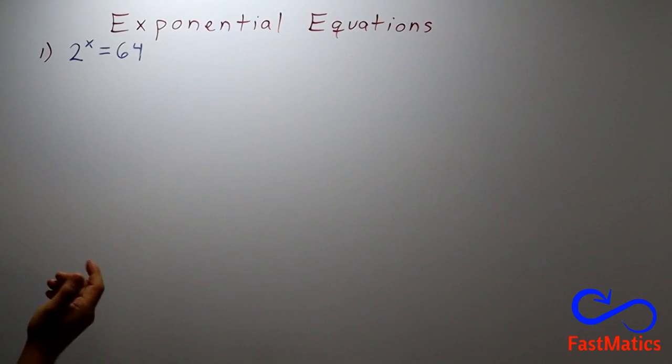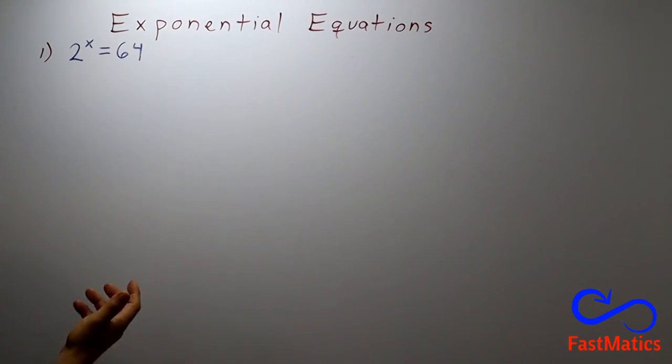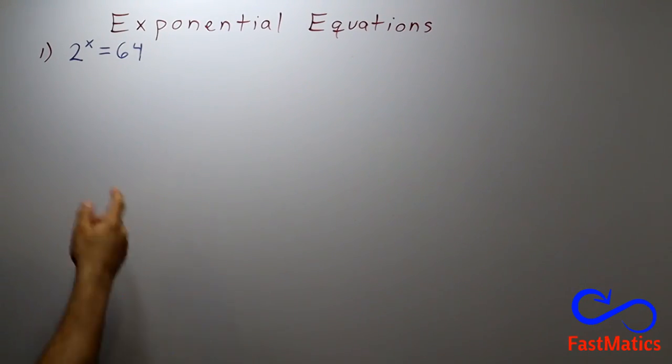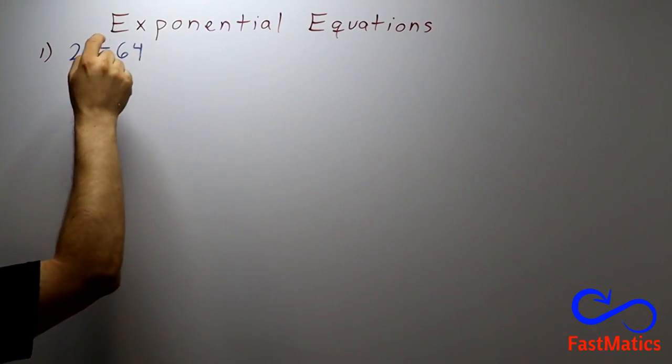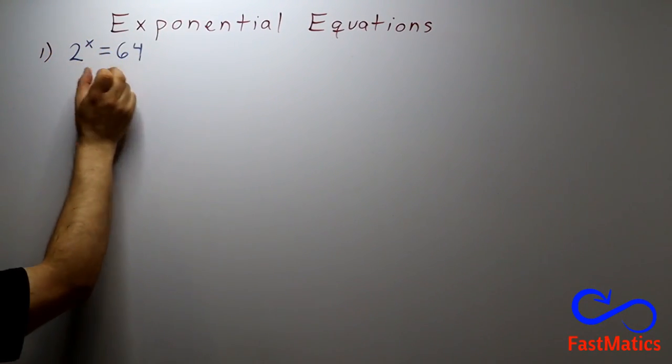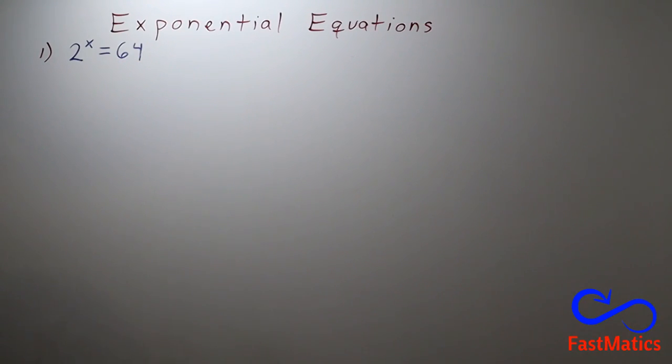Otherwise, you need strategies, algebraic strategies, to get only one term on the left side, only one term on the right side. Here I have one term. Okay, I can start. Let's go.